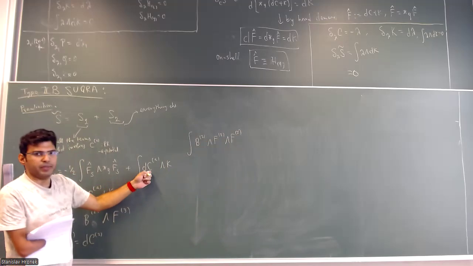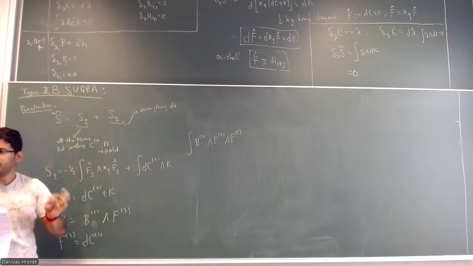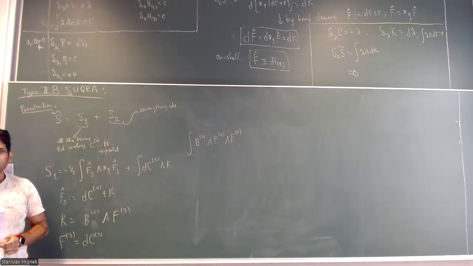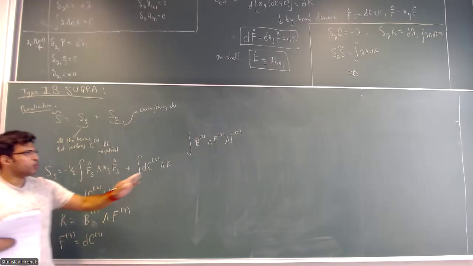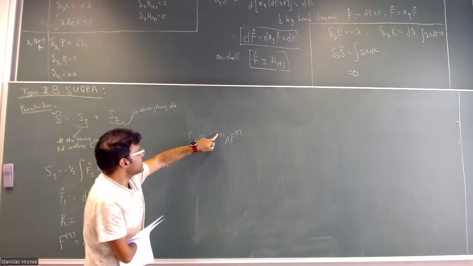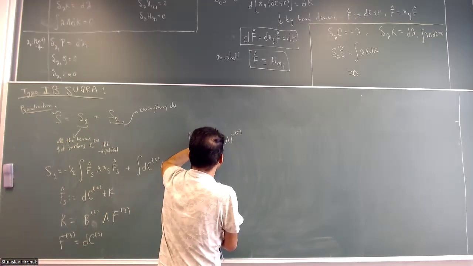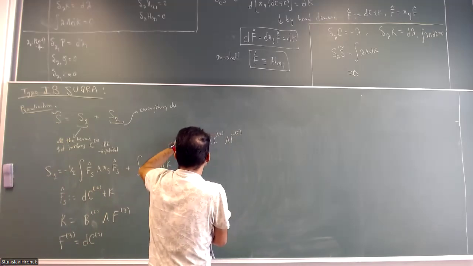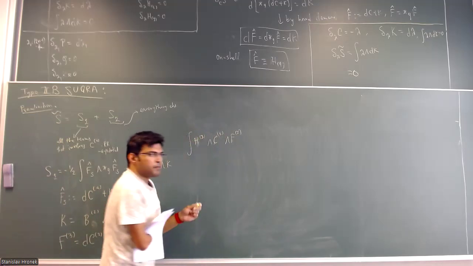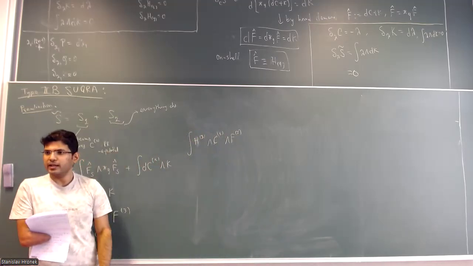This is precisely that term. dC4 is the F5, untwisted. Sometimes in textbooks you will find that this is written as C2 and then this is changed to the field strength H3, of course up to a minus sign and so on.